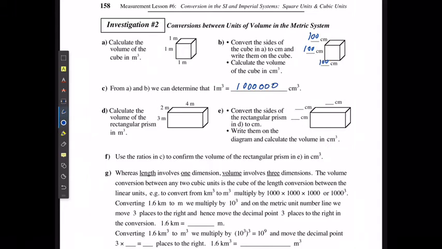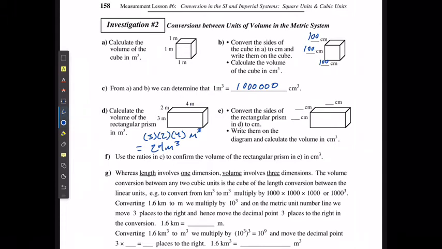At the same rate, if I had 2 meters by 4 meters by 3 meters, well, I'm going to have 3 times 2 times 4 meters cubed, or in this case, I could also state that this would be 24 meters cubed.